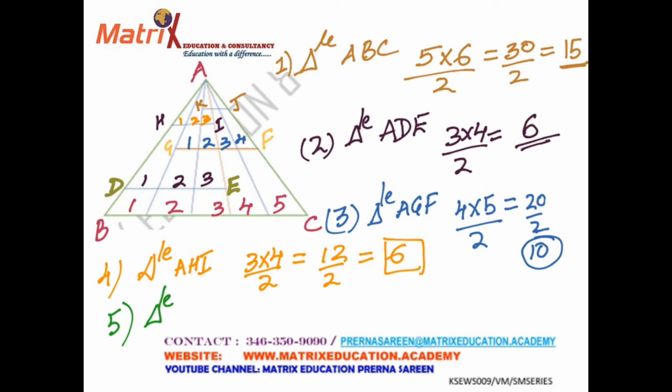So now here we are talking about the triangle AKJ. This small portion. How many partitions? 1, 2, and 3. So 3 times 4 upon 2, we just worked out, it is 6. I will go to the next page and we will do the last step there.